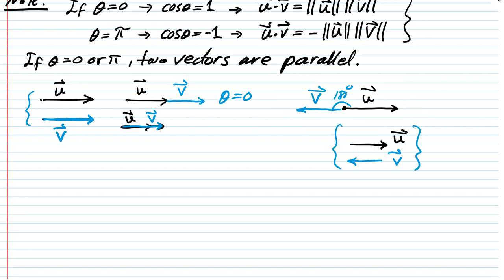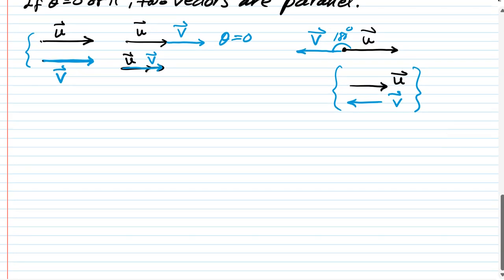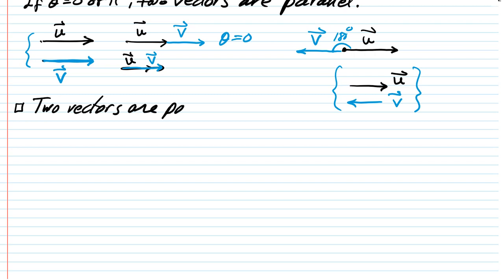All right. Now, in general, algebraically, let's conclude with this. We're going to say that two vectors are parallel if you can write one as a scalar multiple of the other.